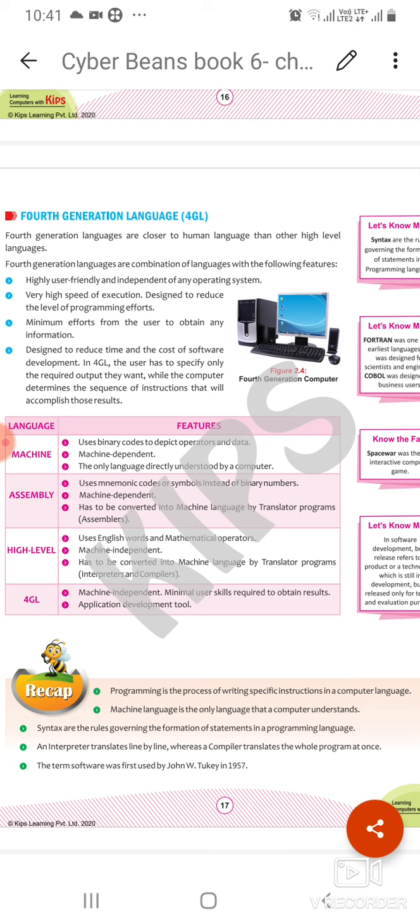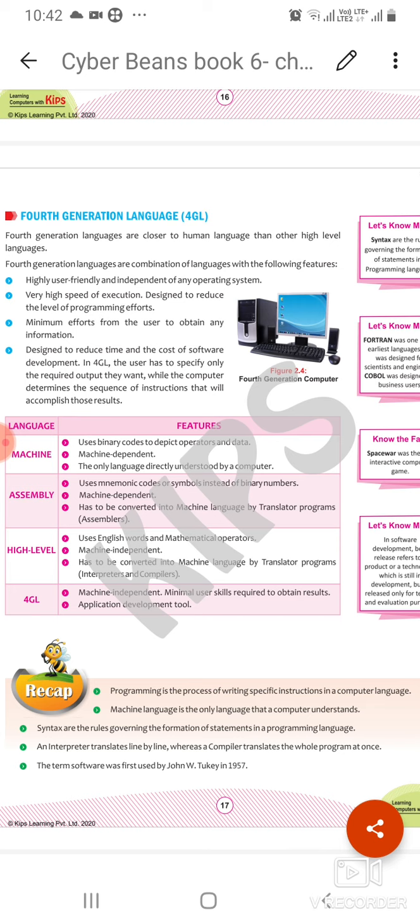Next, it is designed to reduce the time and cost of software development. With fourth generation language, a programmer can build a program consuming very little time, so the time and the cost of the software have also reduced.